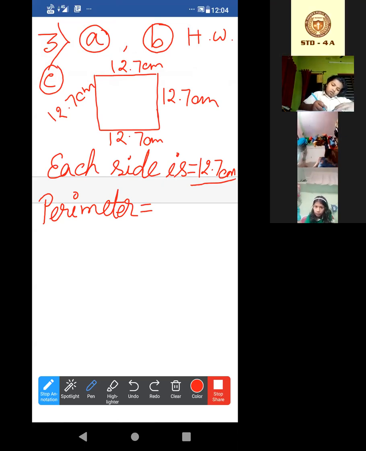You can directly put in the formula or you can just add them. No issue. As you know, you can put directly the formula 4 into, just directly I am writing length of each side.